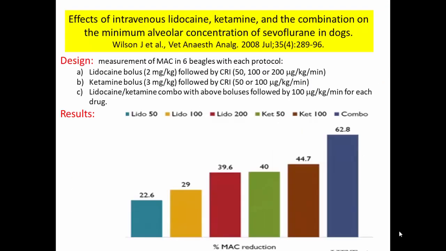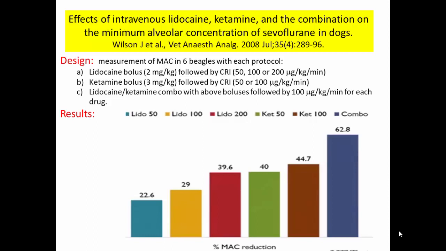Now, another way to look at the multimodal effect of analgesic drugs is looking at how much isoflurane is necessary during an intervention. And in this study, they used a combo of lidocaine and ketamine and compared it with each one given alone.